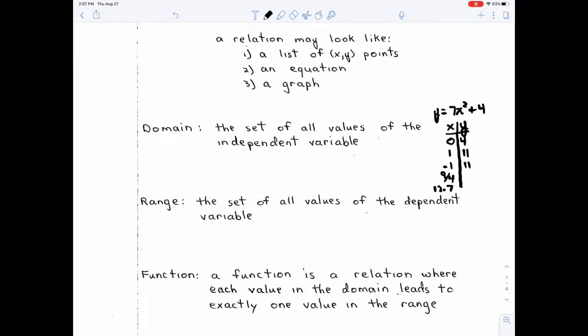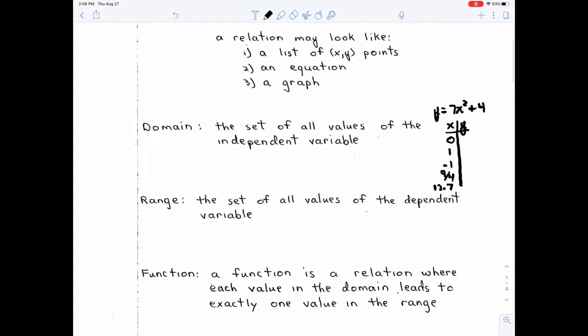Now, once I do that, can I pick anything I want for the Y? When I picked 0 for X, could I just say I want Y to be 942? No, that's not correct, because once you pick X, you have to calculate Y. So the value of Y depends on what you pick for X. And X, you can pretty much pick anything, although you want to do it methodically.